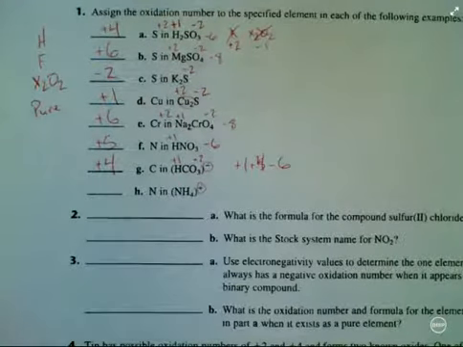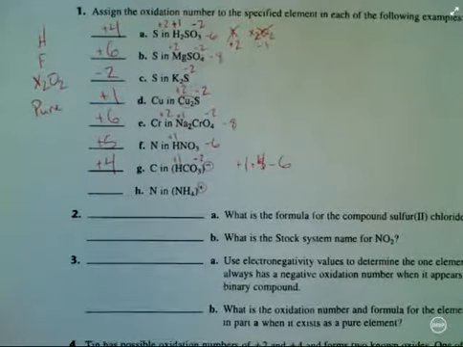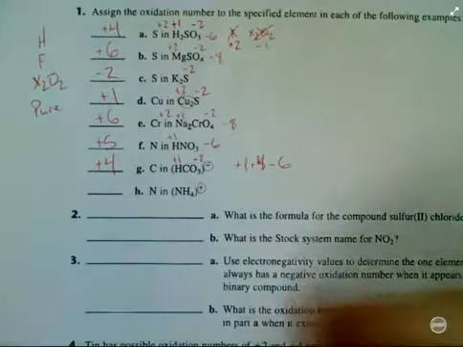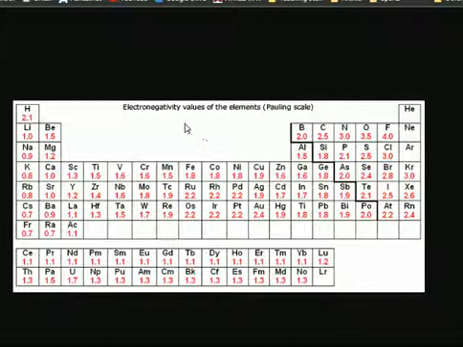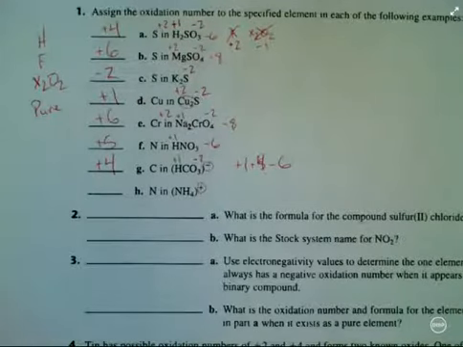Let me show you something that hopefully you can wrap your head around. When I look at the electronegativity values, the Pauling scale for hydrogen and then nitrogen, I see that nitrogen is much more electronegative than hydrogen. This, in fact, is going to be a polar covalent bond.